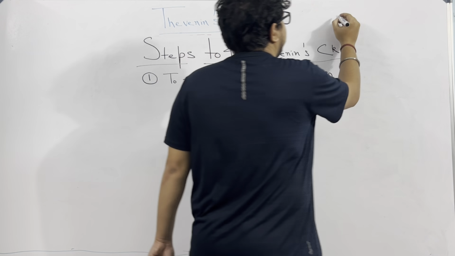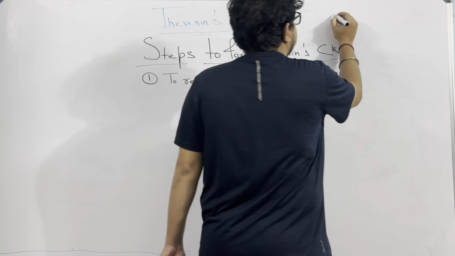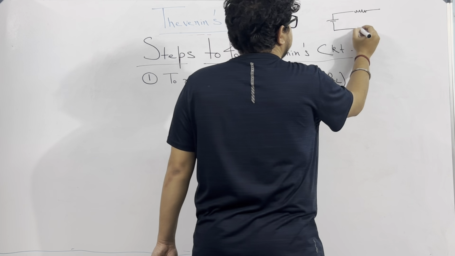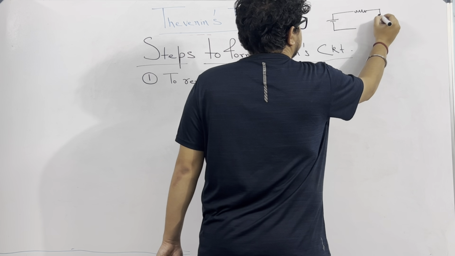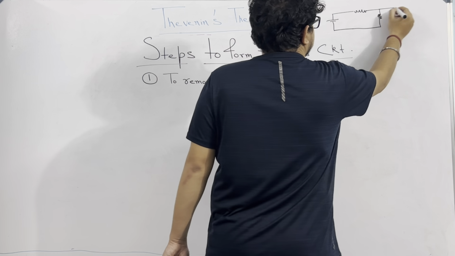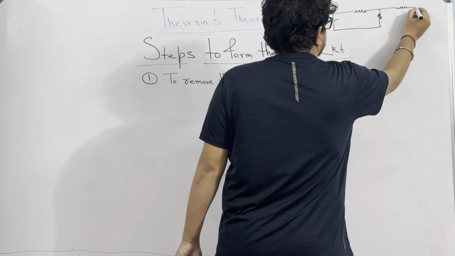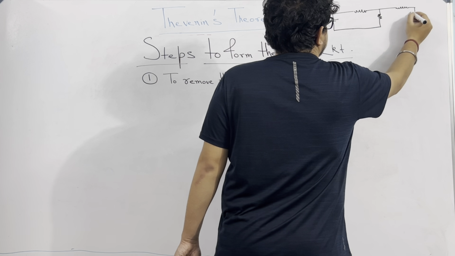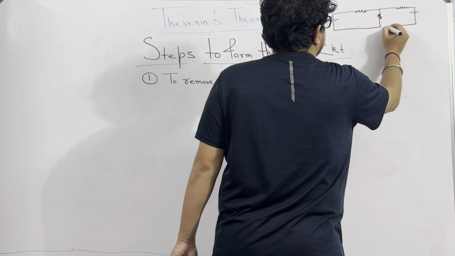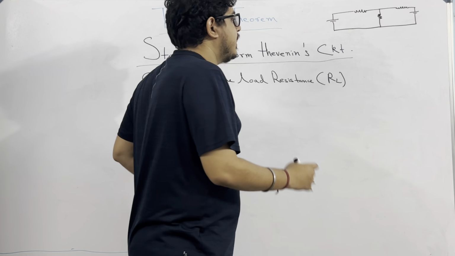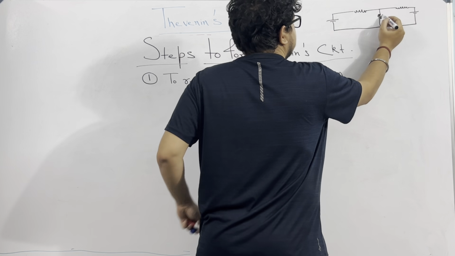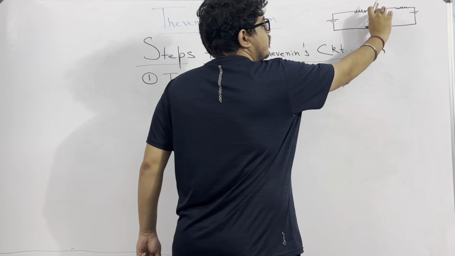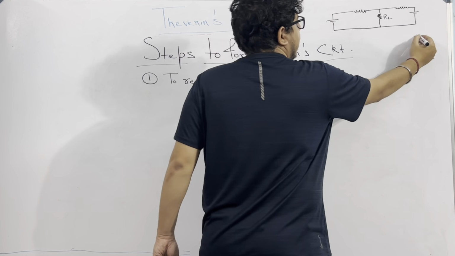For example, let us take an example of this circuit. I have this circuit, and this is my load, this is my RL. I want a circuit across this resistance which consists of RTH and VTH.